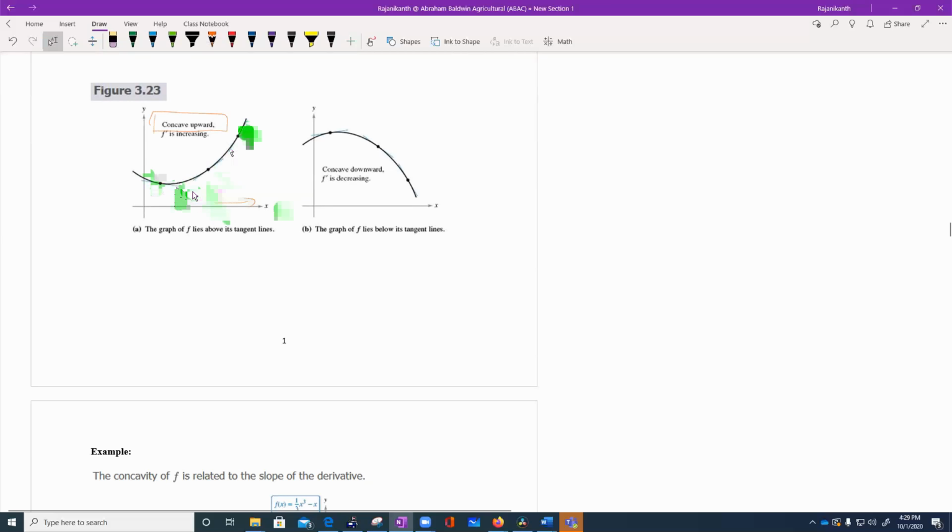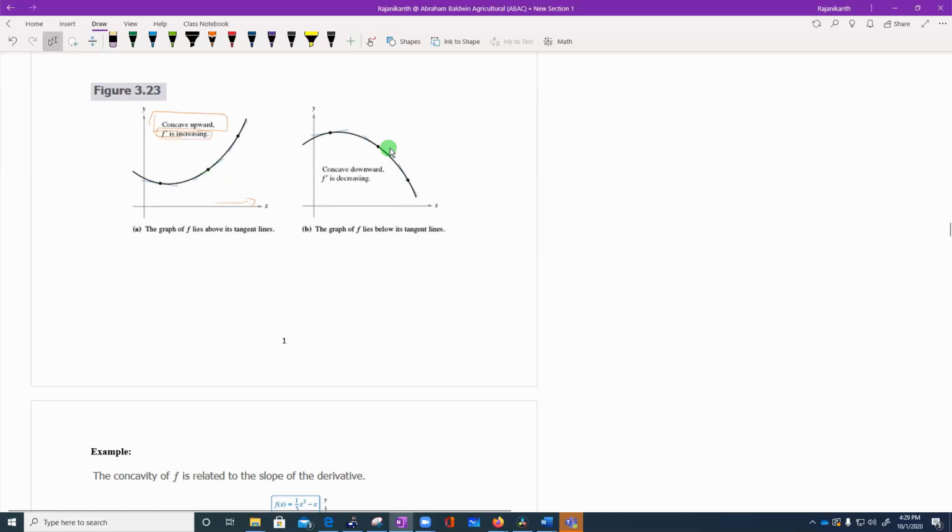In other words, the first derivative is increasing, right? The slope value is going upwards. The first slope is very close to zero, but here the slope is a positive value, and here you will get a positive value bigger than that. So for a concave upward trend, the first derivative should be increasing.